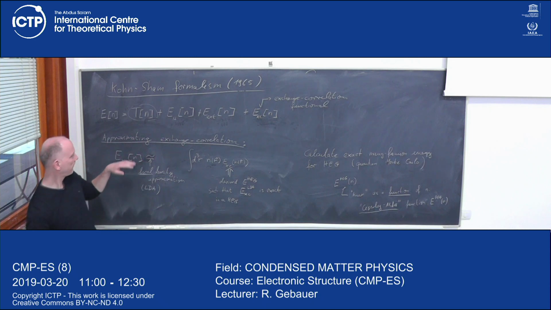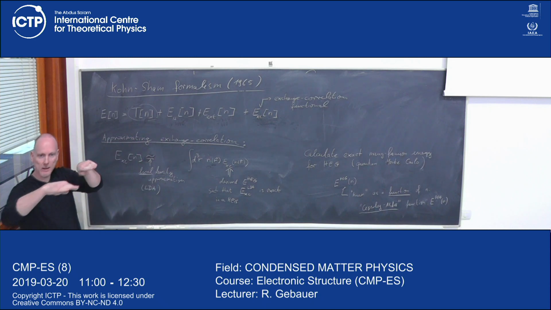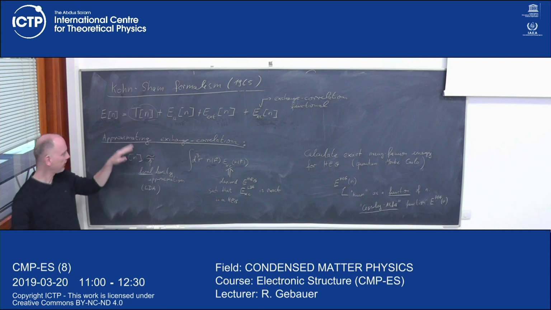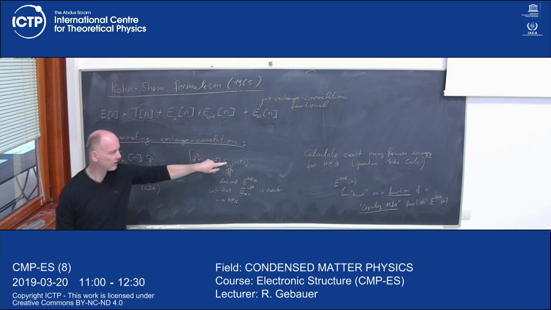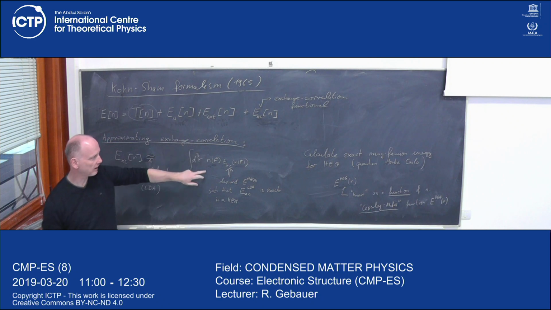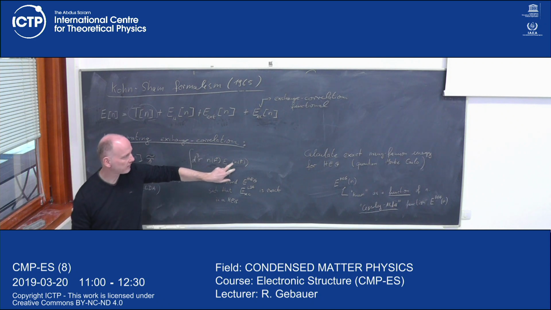Okay, so if you have a system where the density really is constant, imagine you are really applying this approximation to that, okay, then here you have an integral over all points in space, but at every point in space you have the same integrand, so it's just the volume times the density times the value of this function for that density which you have.